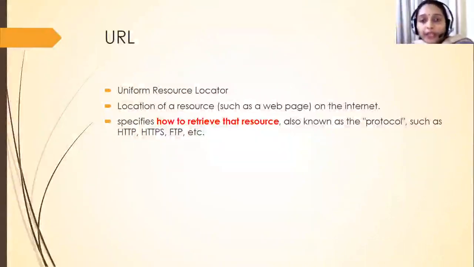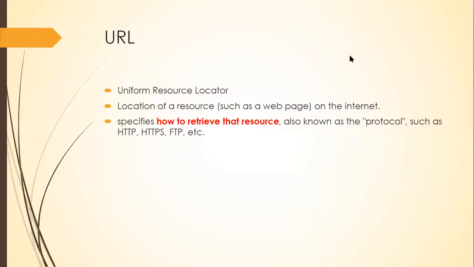So today we will discuss a class called URL in Java. It comes under java.net.*. URL, as you all know, is Uniform Resource Locator. It will give you the correct location of a document, a web page, or an image on the internet.